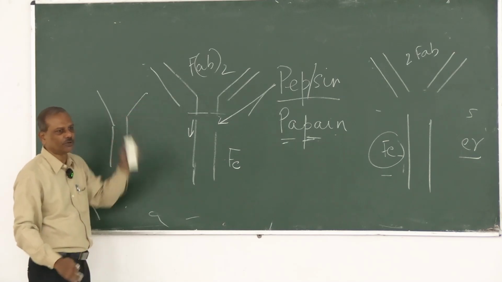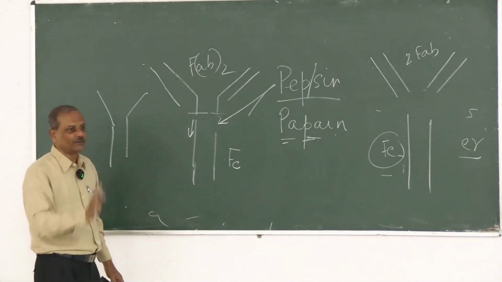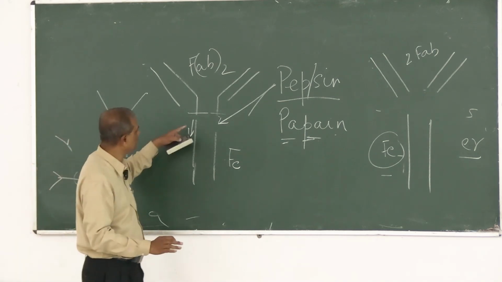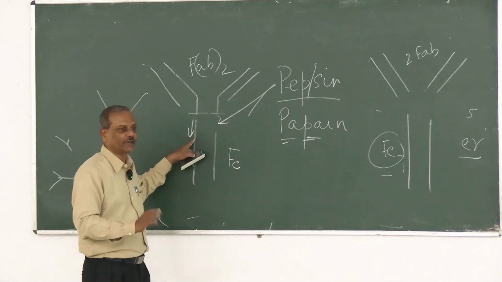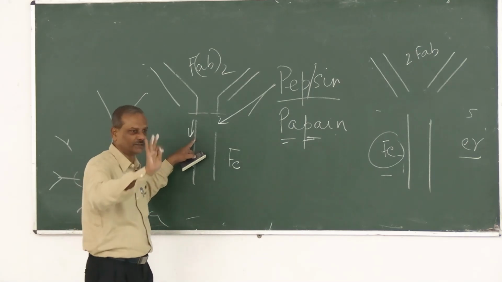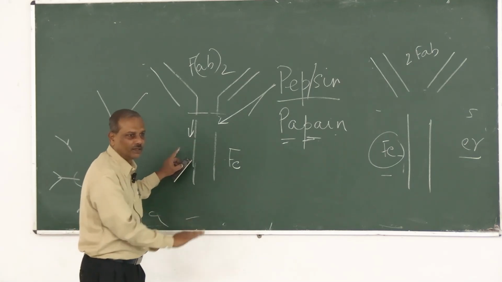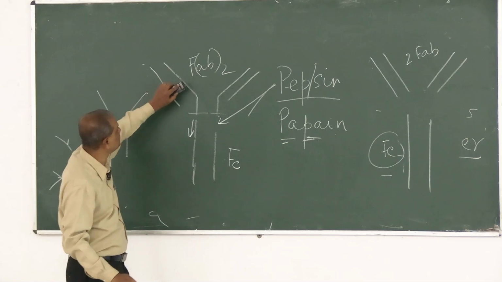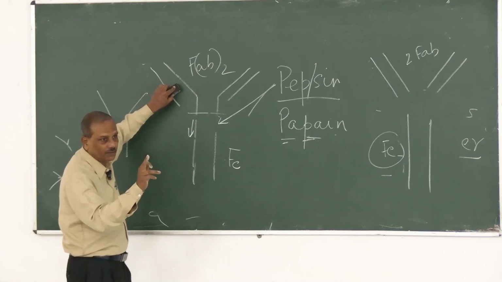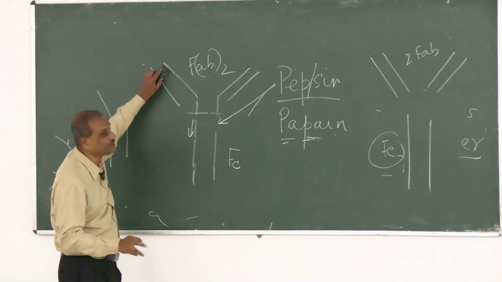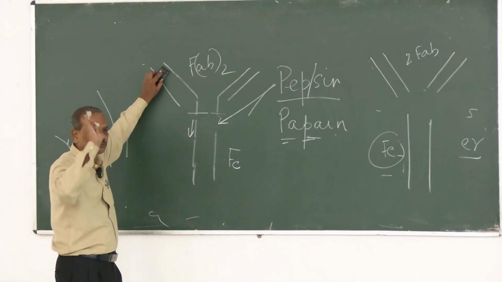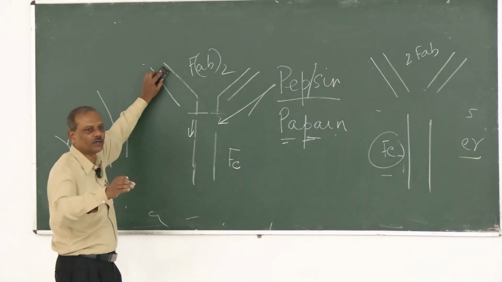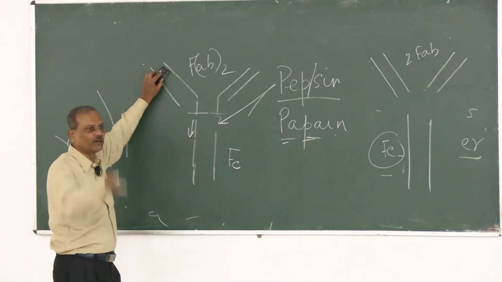Now, why is this important? Because clinically, if you give the whole molecule, there is a chance that a human being can develop antibody against that antigen because this is a foreign protein. For some situations, since this is binding with the antigen, we can use this part. Suppose a patient has been given a high amount of drugs, or the drug level in the blood is high.